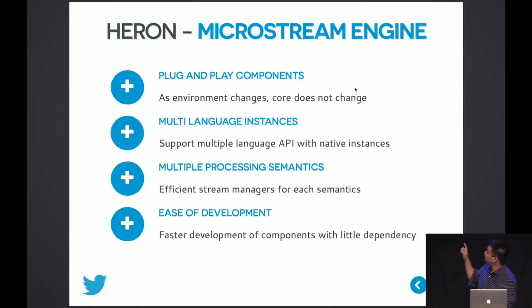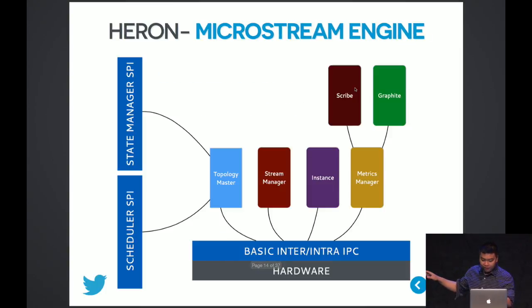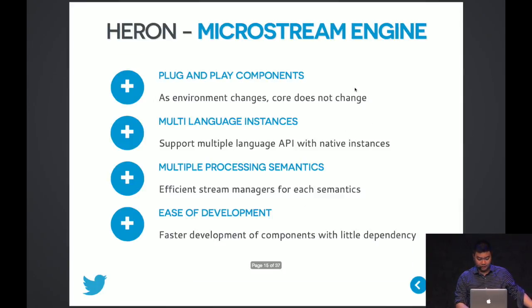Here are some examples. For example, here we have the instance. Currently it is in Java, but maybe you want a C++ instance or a Python instance. You can implement it simply with the predefined interfaces. For example, you may want to just use the features of the stream manager. Then you can just use the stream manager and get rid of the rest of the components. So you can plug and play with components.